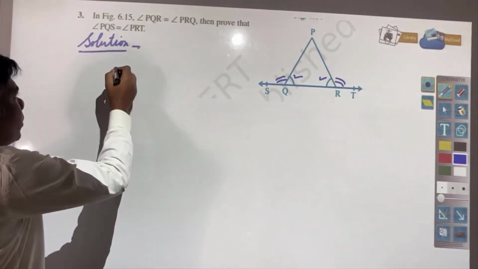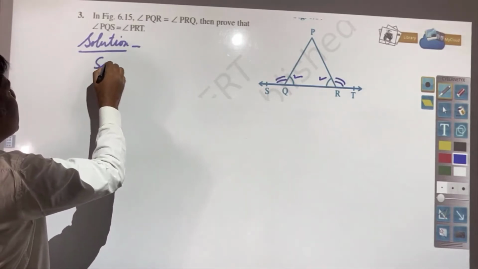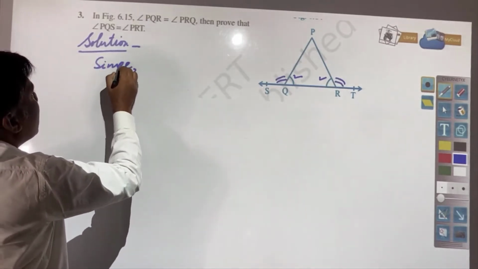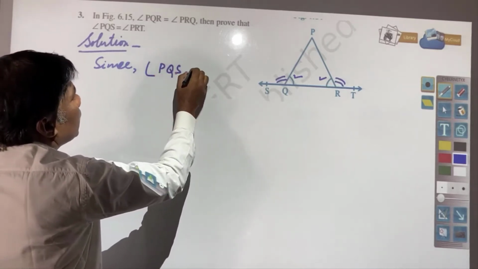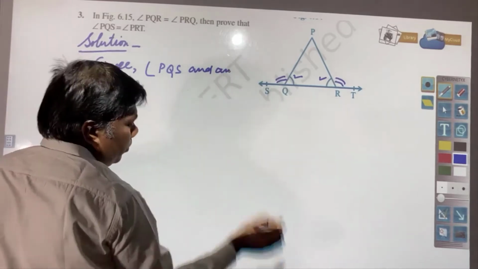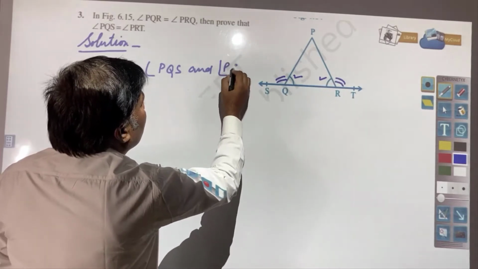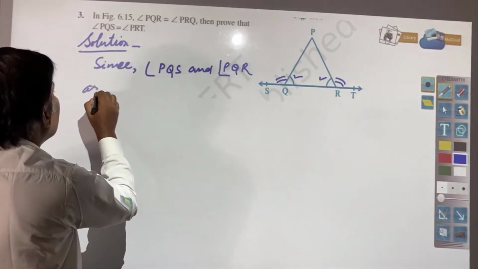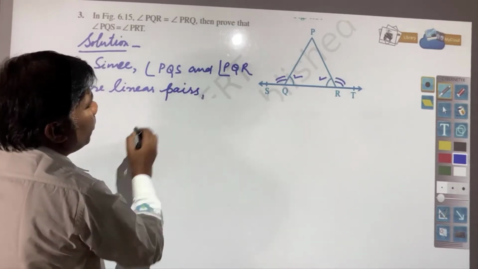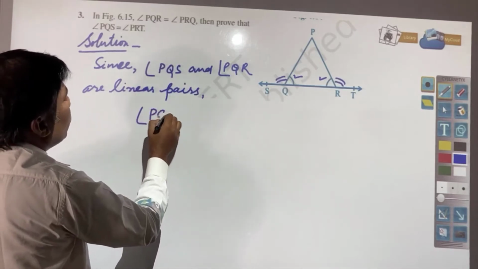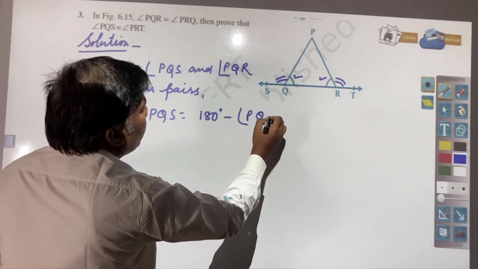Here you see. Since angle PQS and angle PQR are linear pairs, angle PQS will be 180 degree minus angle PQR.